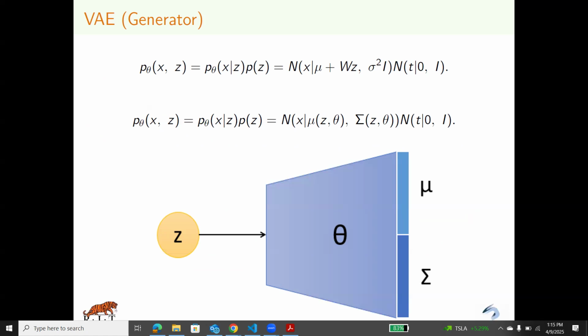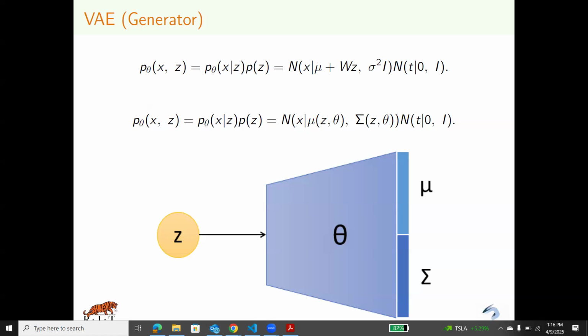So mu has the shape D capital, and for the covariance matrix, we will use a diagonal covariance matrix. If it's only diagonal, then it also has only D capital numbers. So the output shape will be 2 times D capital. And this model is called variational autoencoder model.